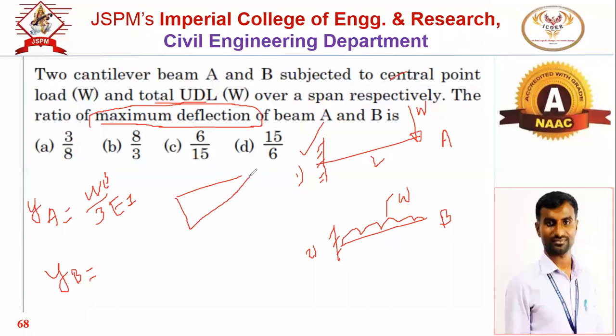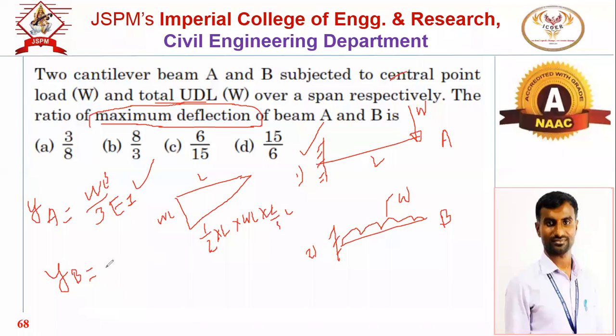If you draw the BMD, then area into the perpendicular distance. This is L. This will be WL. So 1/2 base into height, height is WL, and the perpendicular distance will be 2/3 into L. So the 2 will be cancelled. WL cube by 3. So this is the standard formula we have to remember.